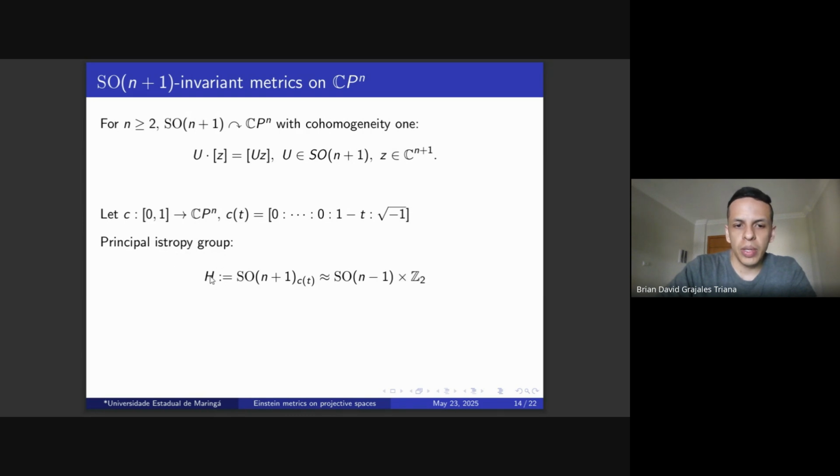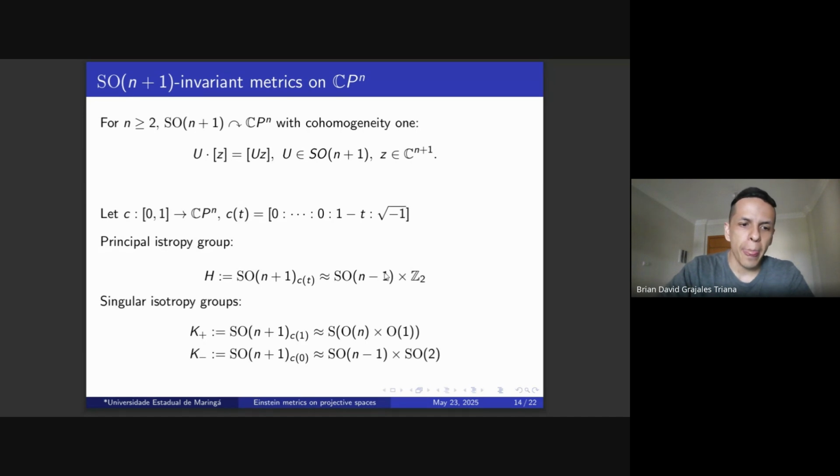A principal isotropy group, which we call H, is the isotropy group of an element of this curve with t different from 0 and different from 1. We can prove that this H is equal to the special orthogonal group of dimension n minus 1 times the group of two elements.